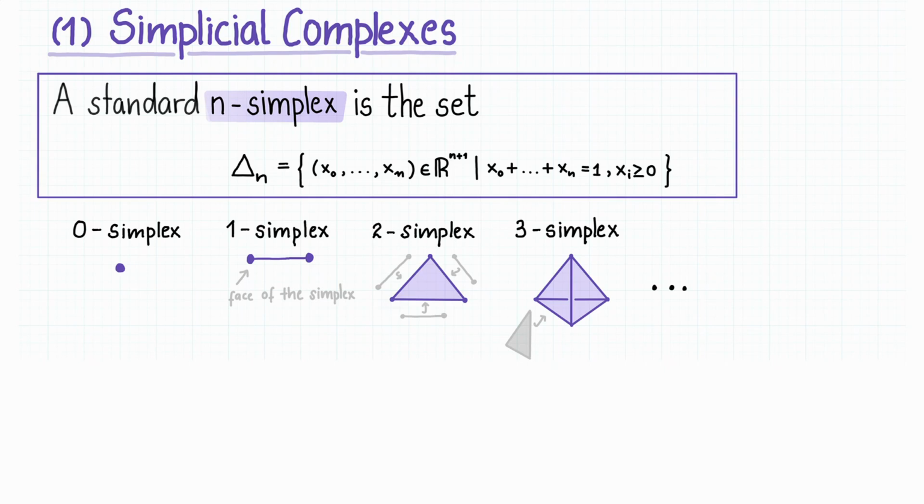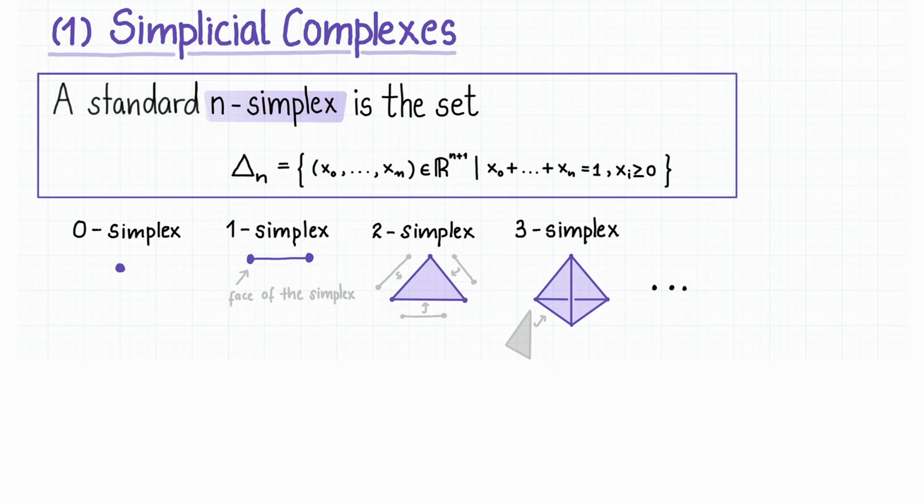What you do is you take 3 points which don't lie on the same line, and take the smallest convex set which contains all the points. Similarly, you get your 3 simplex by taking 4 points and then taking the smallest convex set containing them. These are your building blocks, and you're going to glue them in some way.